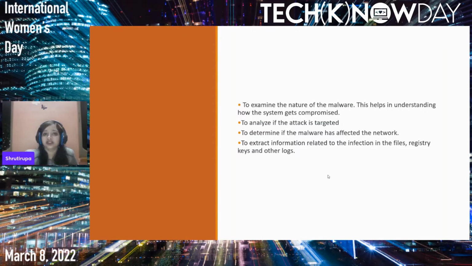Talking about the registry keys, there are other logs which are related to what kind of usage, how the system is being used, for what reason the system is being used. There could be some files which are confidential, and a third person is not supposed to view them. Or of course, if the data is confidential, it has to be within the organization only.